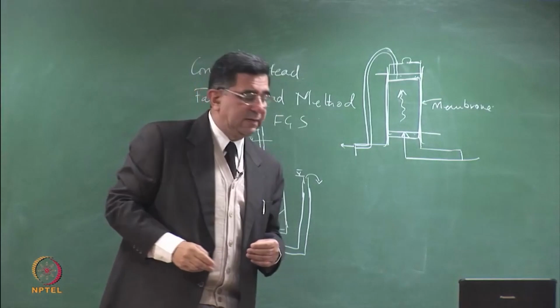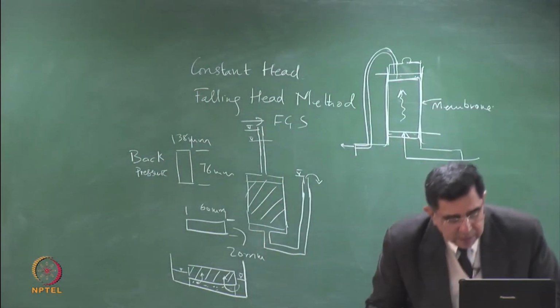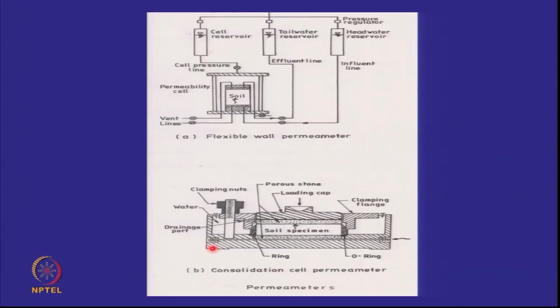The other test is the consolidation test, in which, if you look at this diagram, we can flow the water from the bottom of the sample through the sample and out of it, right? So I can attach a burette here and create a head.